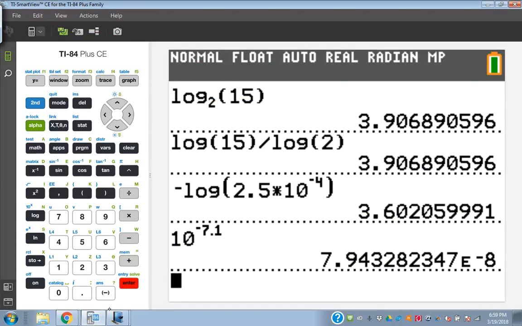I'm getting that from here. This E symbol in your calculator means times 10 to this power. So it's like scientific notation in your calculator. So I just typed in 10 to the negative 7.1 and hit enter. Okay. Spit me this back out. That's what I want to do to find that pH level.